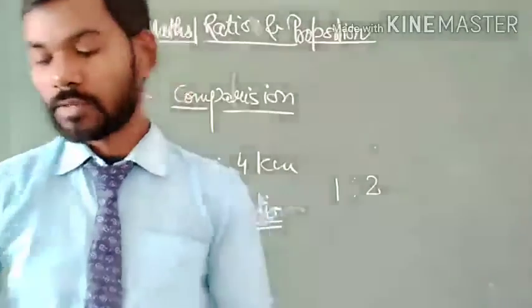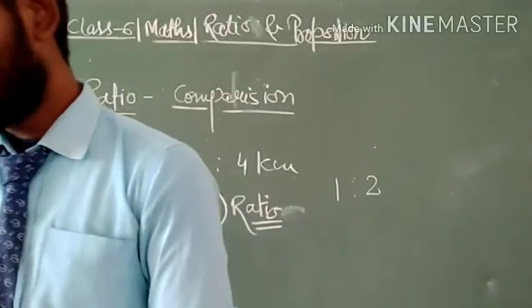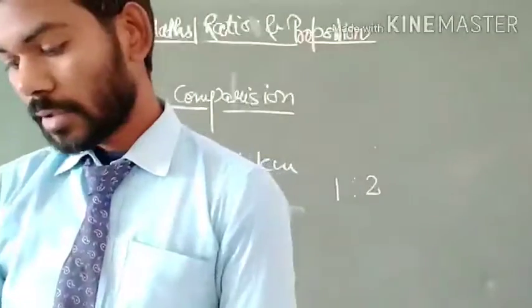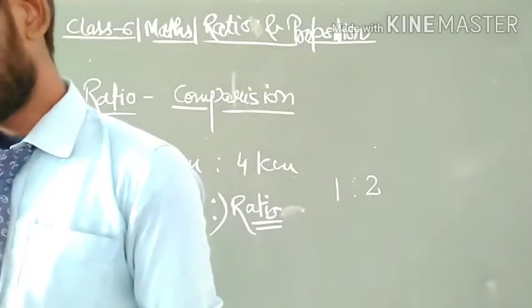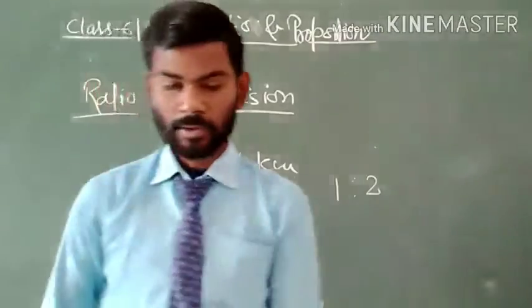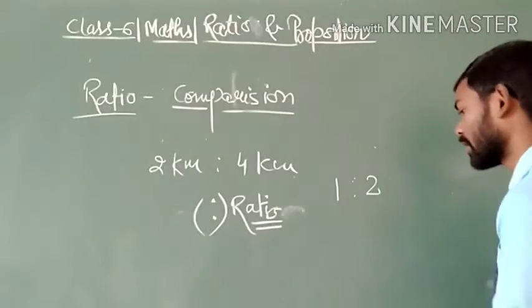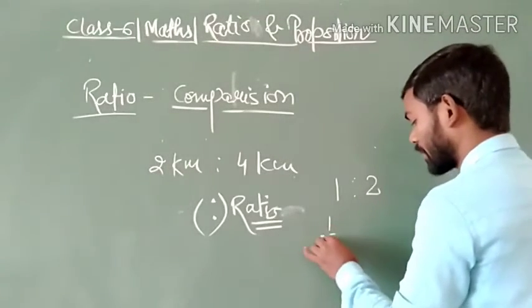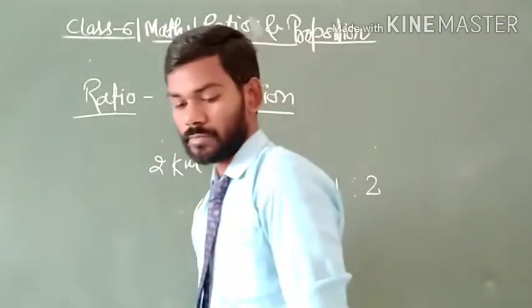I hope you get a little idea about how ratio is defined. Sometimes a ratio can also be written in the form of a fraction. This is also called a ratio.